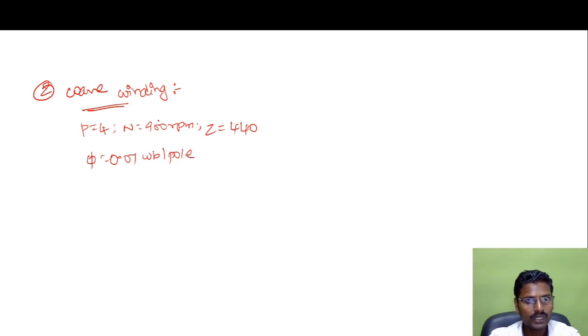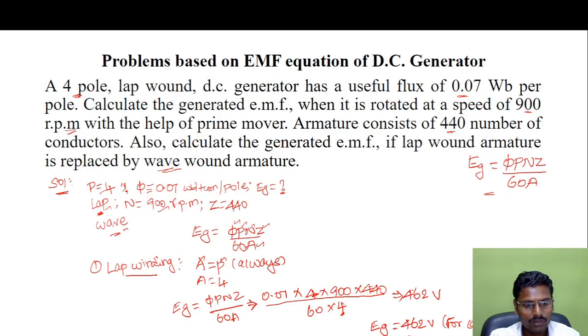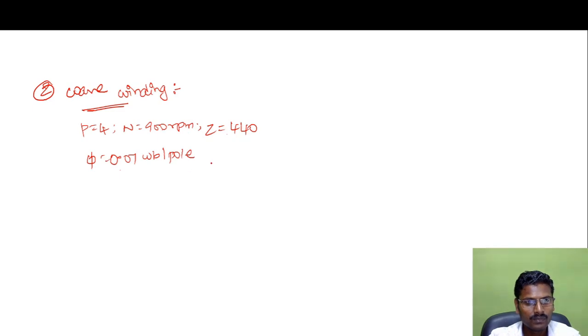So P is equal to 4, N is equal to 900 RPM, Z is equal to 440, and phi is equal to 0.07 Weber per pole. And A is equal to, we need to find how much.